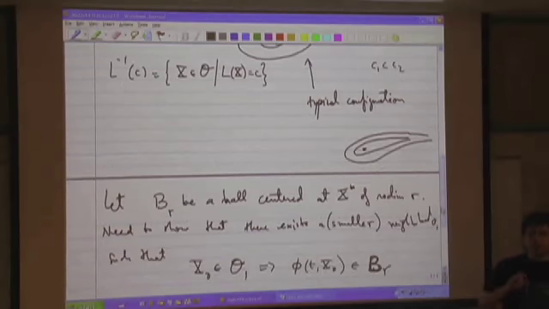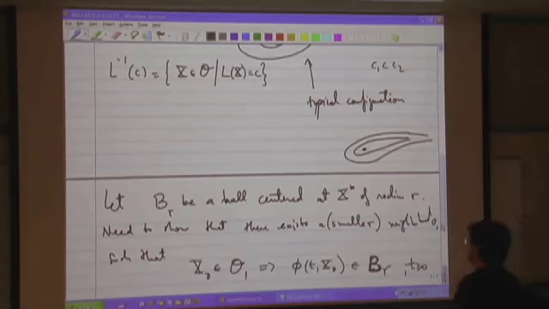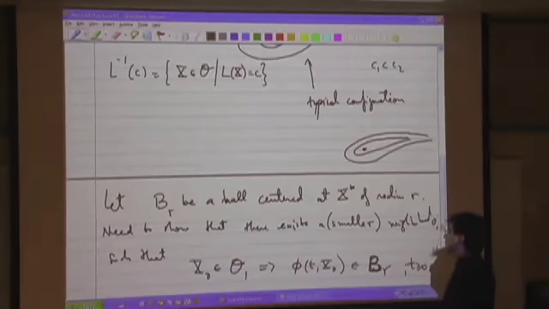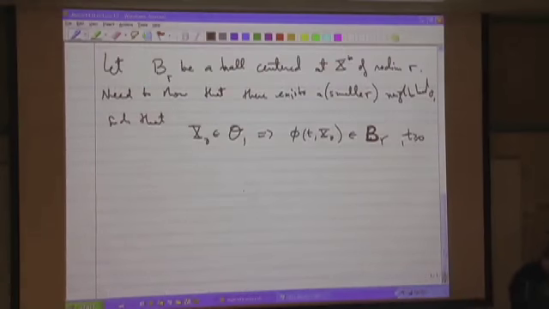Does that mean stability for t greater than 0? That means stability, right? I think the picture is still very useful here. So let's draw the picture.